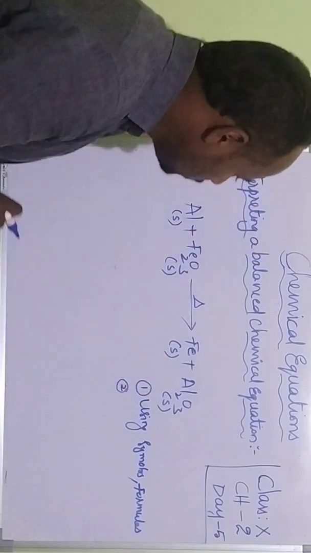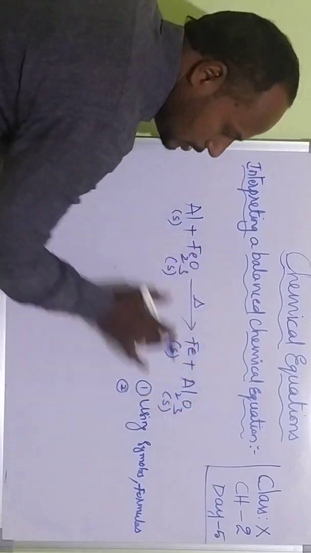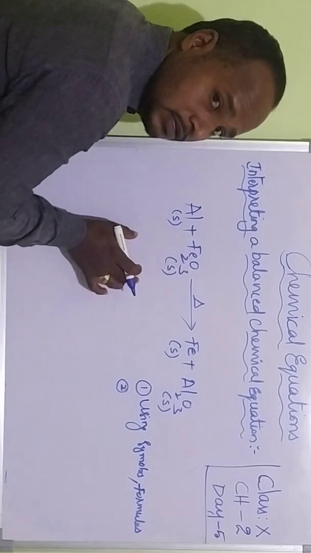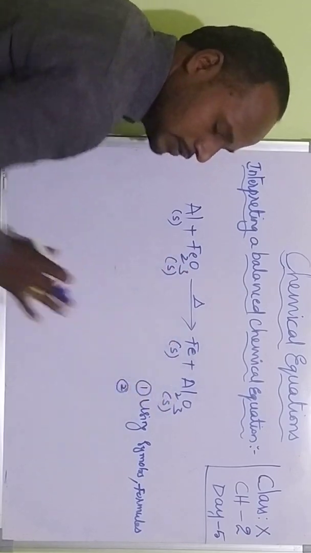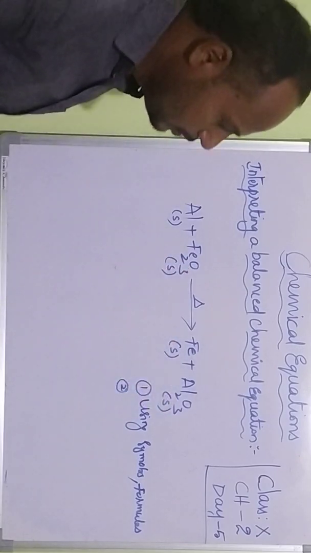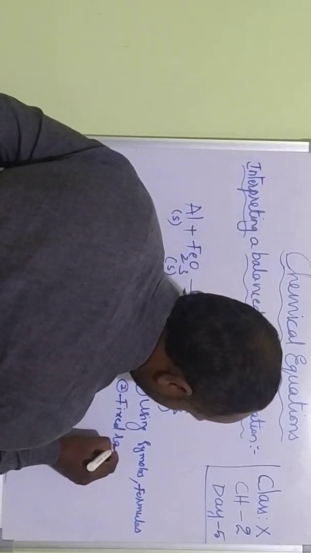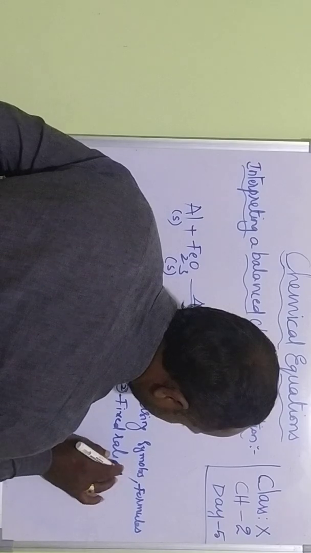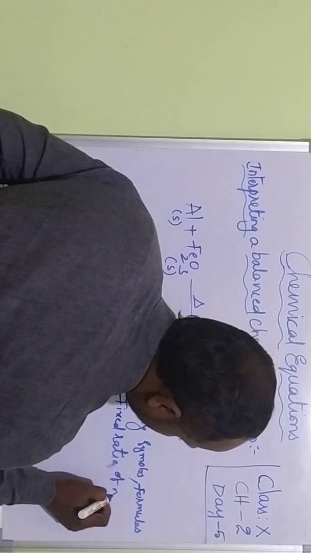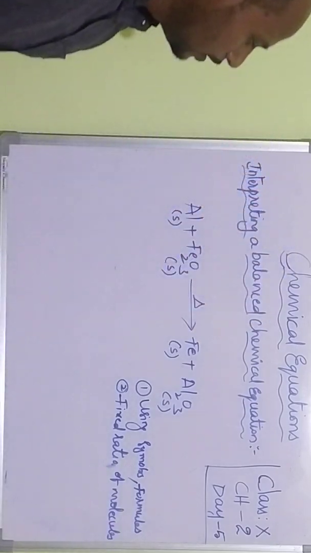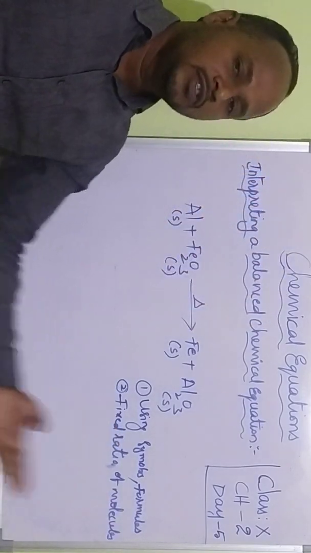So by using this equation we can find out the fixed ratio of molecules of the reactants and products, isn't it? So using a chemical equation you can find the fixed ratio of molecules.